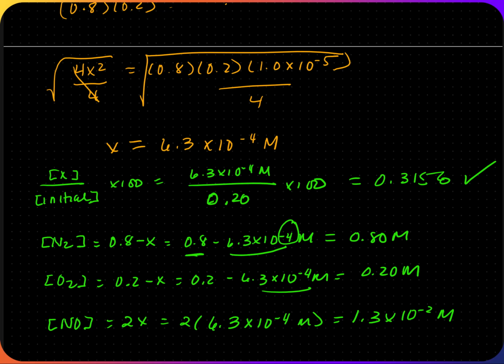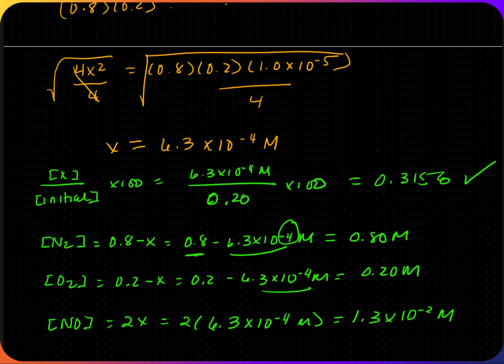After using the 5% rule, you must check if it is valid by taking the x concentration divided by the initial concentration. If more than one initial concentration is given, you want to use the smaller one, because if it's valid for the smaller one, it will be valid for the larger concentration.